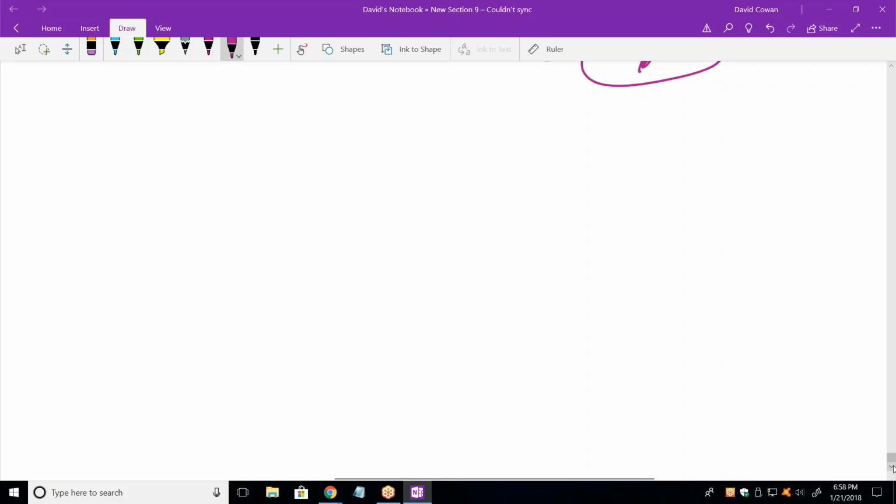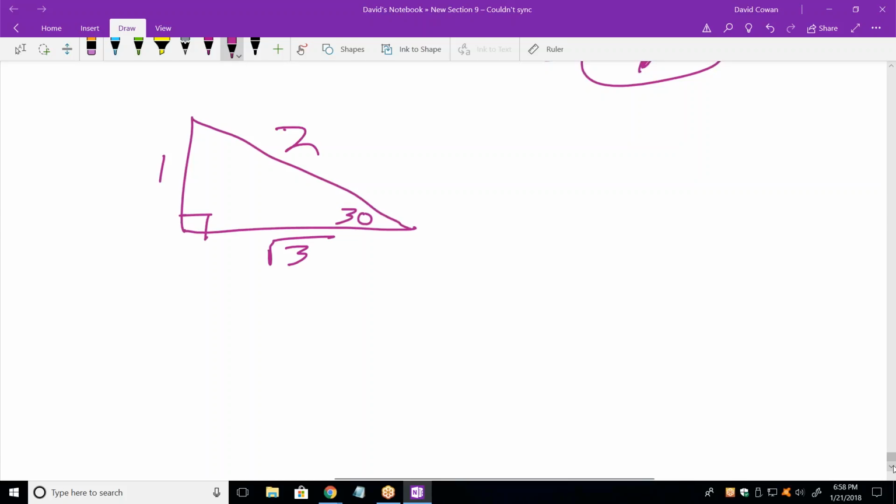Just to be clear, you don't really have to memorize the first quadrant angles. If you know these two triangles, you can figure out the unit circle.